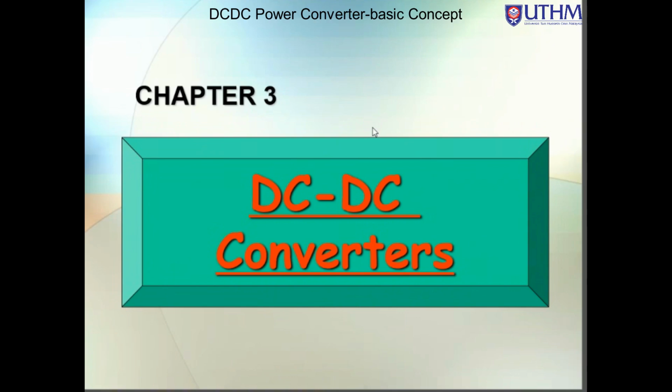So then we need to have a DC to DC converter, which is we need to step down from 12 volt into the 5 volt supply. So that means it's still DC supply, but we change the voltage level and the current level. Okay, so that is what we're going to learn in this topic.